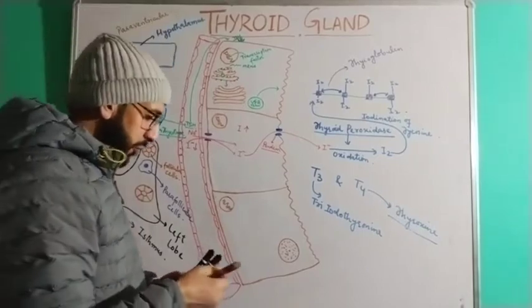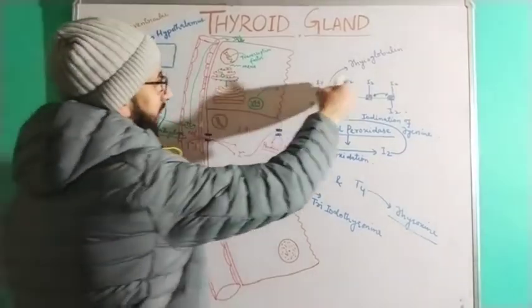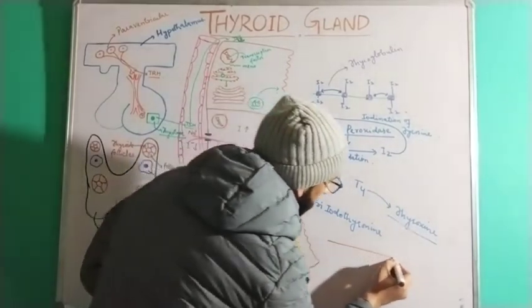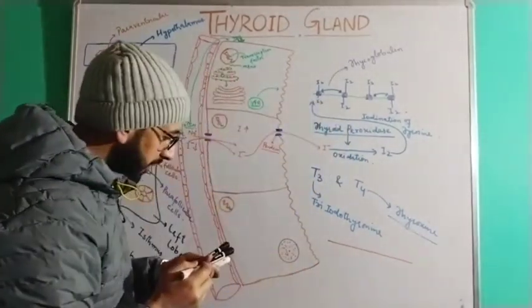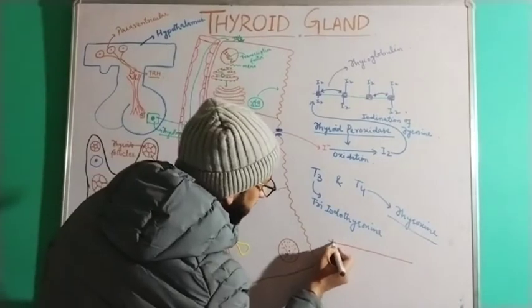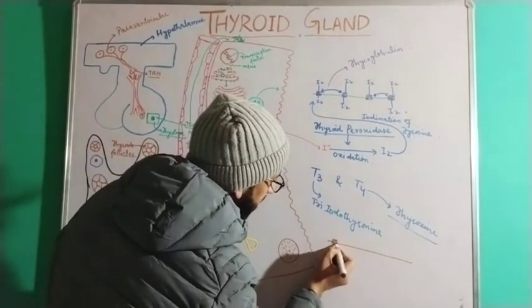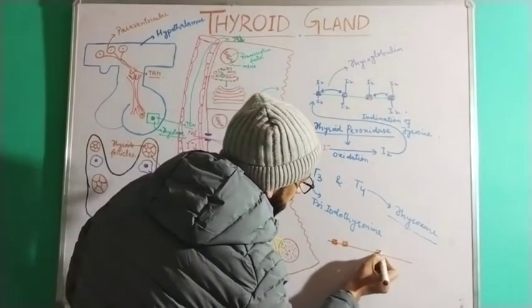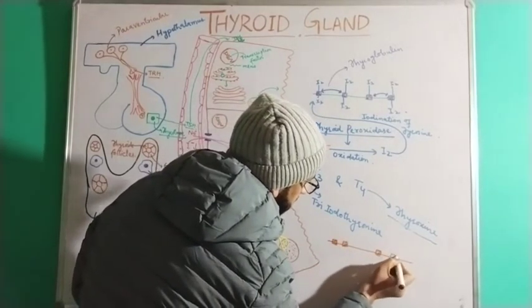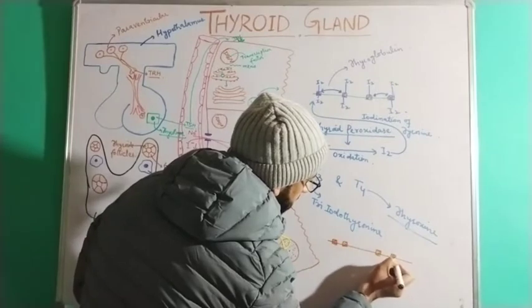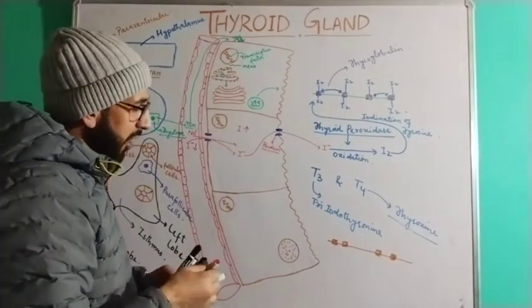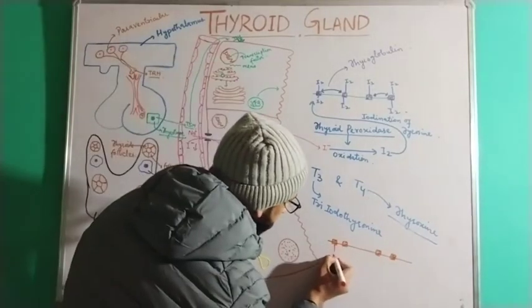Now suppose we have done the coupling reaction and we have this thyroglobulin. Now it will be called thyroglobulin colloid, and it will have these tyrosine amino acids, and these tyrosine amino acids will be along with the iodine.